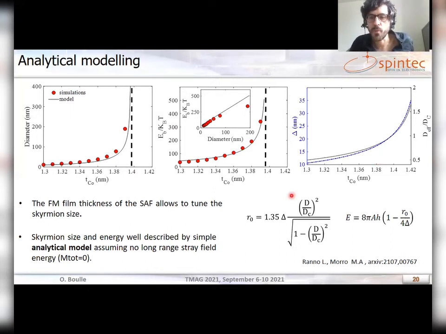So in our thin film, we are a bit too thick, close to this transition, and a way to decrease the size of the skyrmions is to decrease the film thickness, such that a typical size around 10 nanometers could be achieved with a relatively high thermal stability.